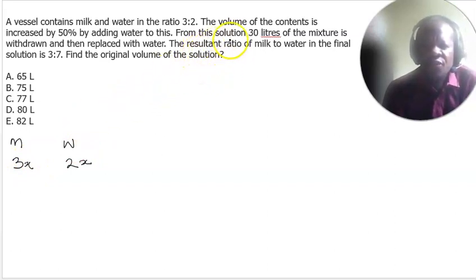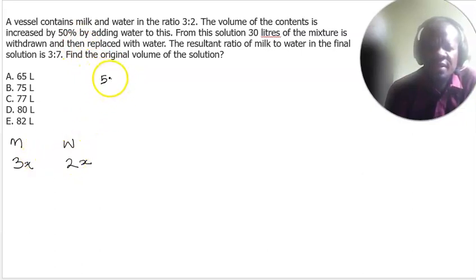Now, the volume of the content is increased by 50%. So the total volume here is 5x. If you increase that by 50% by adding water to this mixture, the volume of water that is added will be, since that is 50%, this divided by 2. So that will give us 2.5x.